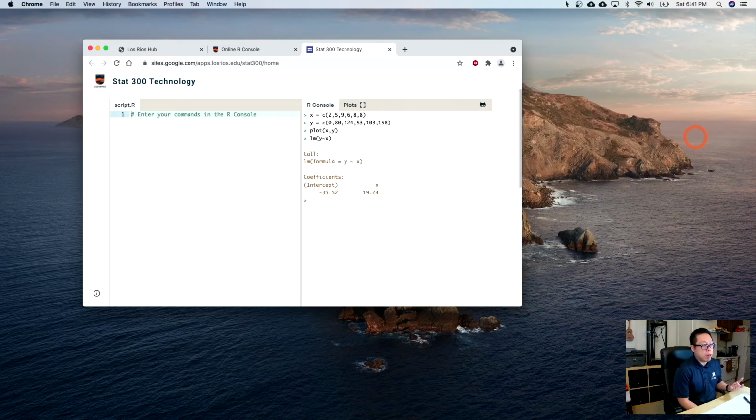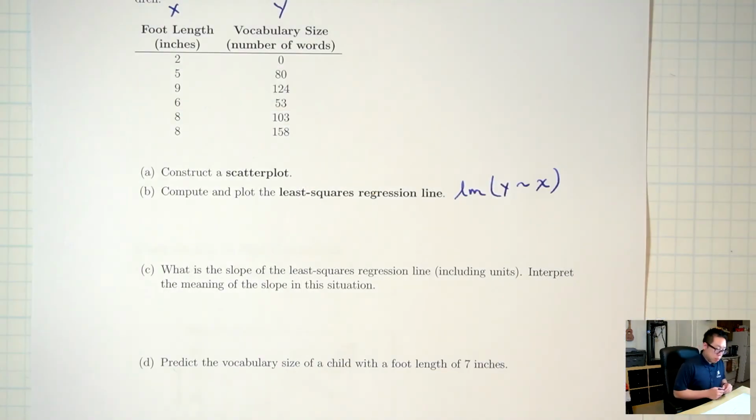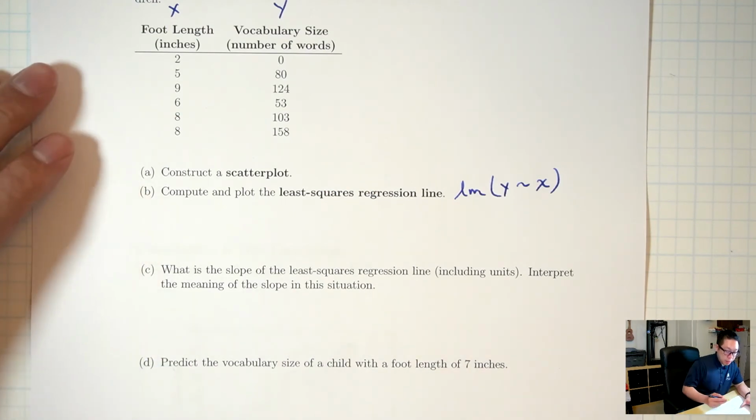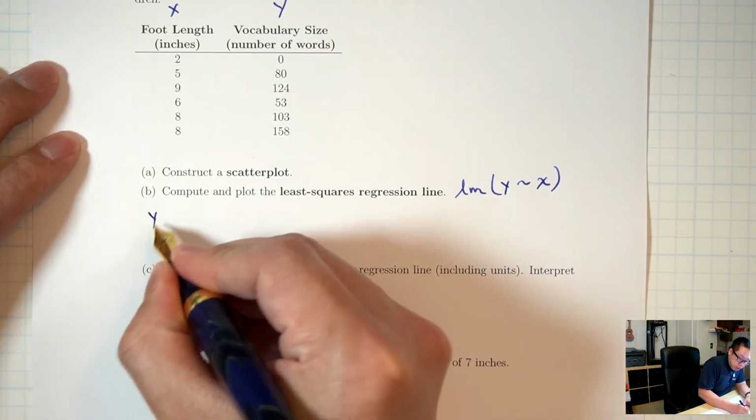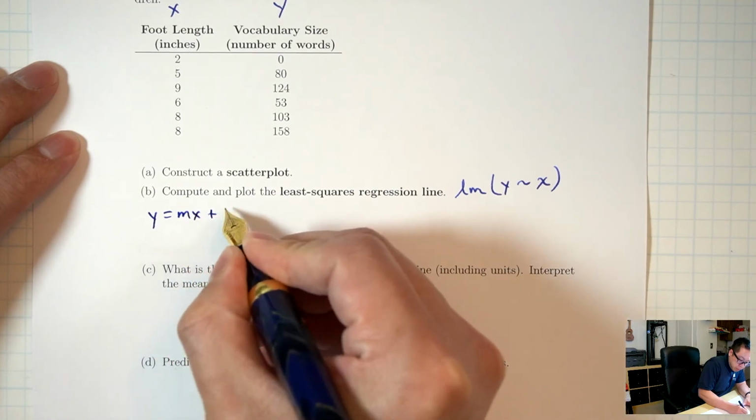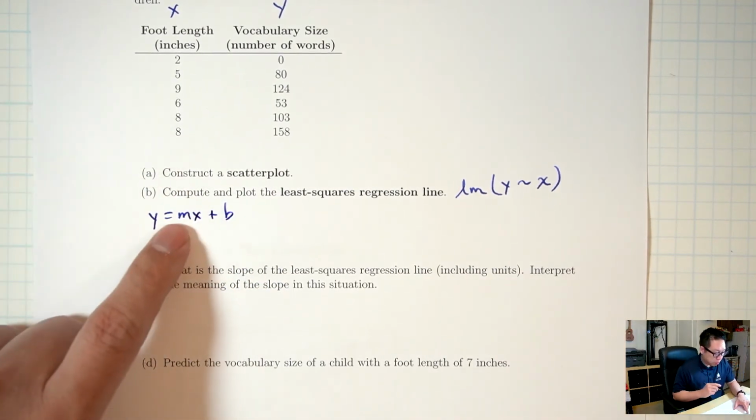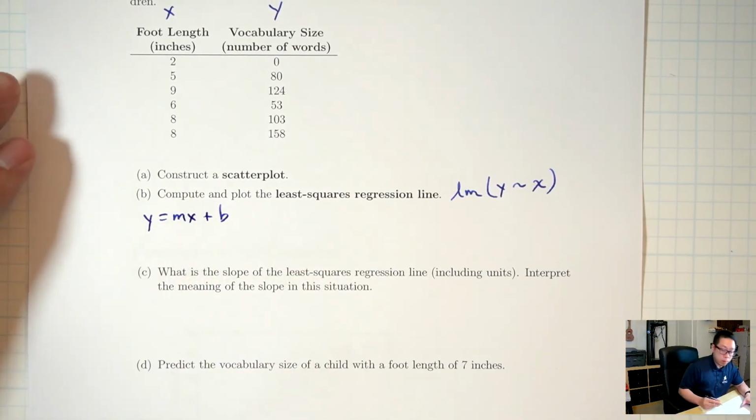And R spits out the two important numbers for a line, the y-intercept and the slope. The first number, labeled intercept, is the y-intercept. The second number is the slope. So compute means write down the y equals mx plus b equation, but put the slope in for m and put the y-intercept in for b.